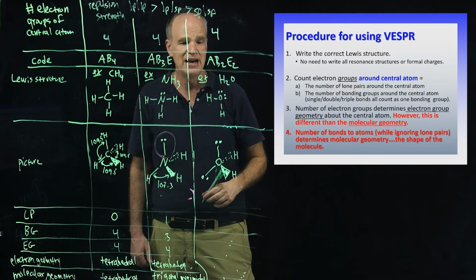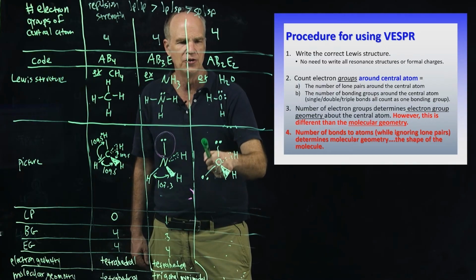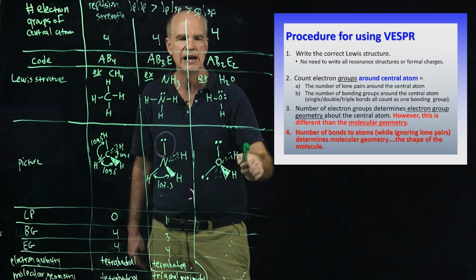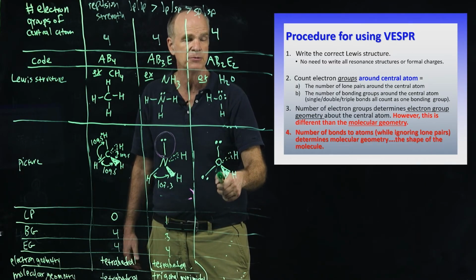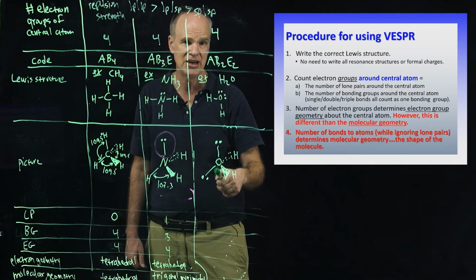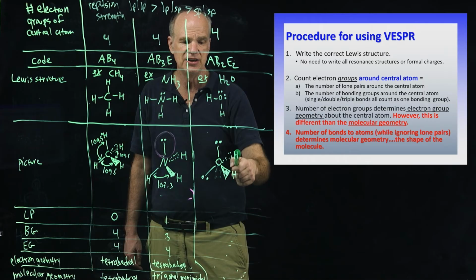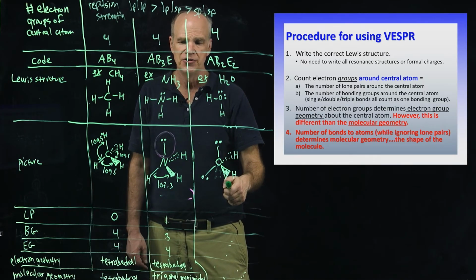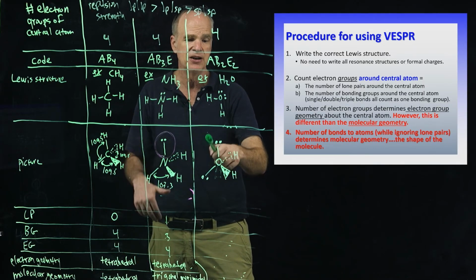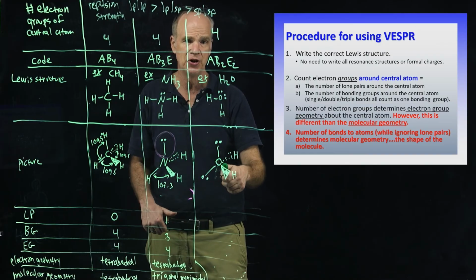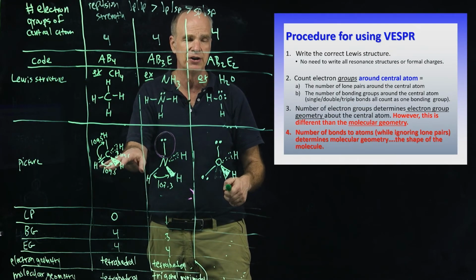Okay, so now here's the deal. Although the electron arrangement around the central atom is still basically tetrahedral, what is the angle between these 2 hydrogen atoms? You might think, because the structure is basically still tetrahedral, that it'll be 109.5.